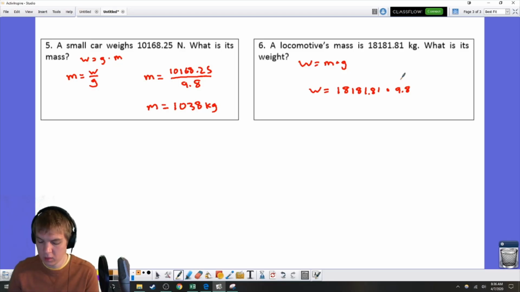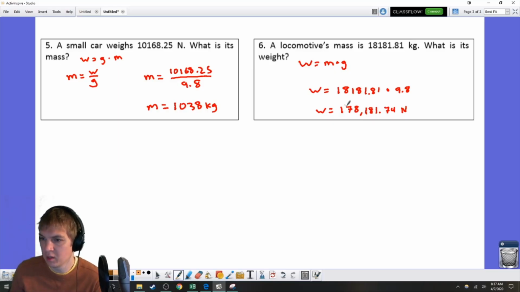Okay, so I'm going to put that into a calculator. 18,181.81 times 9.8. I get a weight of 178,181.74 newtons, if I want to be really specific, but I don't need to be that specific.